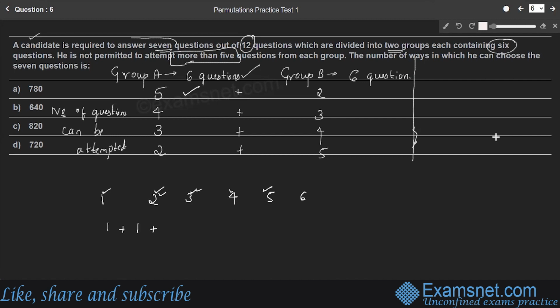Or 3, 4, 5, 6, 1, another way. Or 4, 5, 6, 1, 2. Another way. Or 5, 6, 1, 2, 3. Another way. Or 6, 1, 2, 3, 4. Right? These are the ways of answering 5 questions.